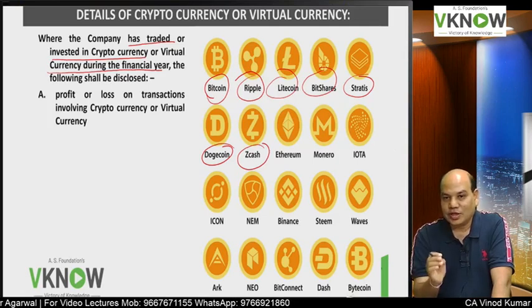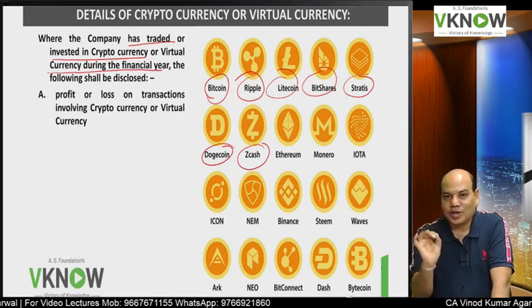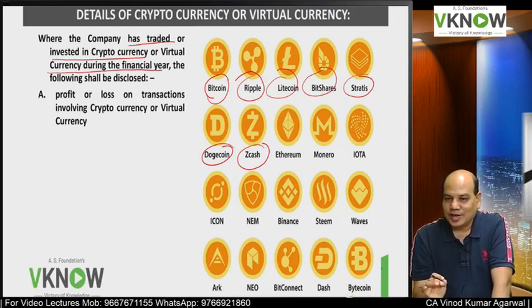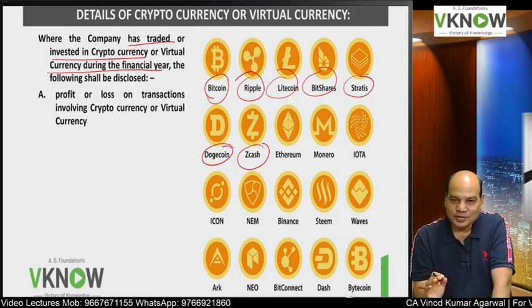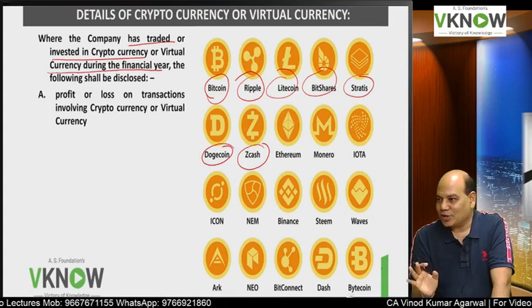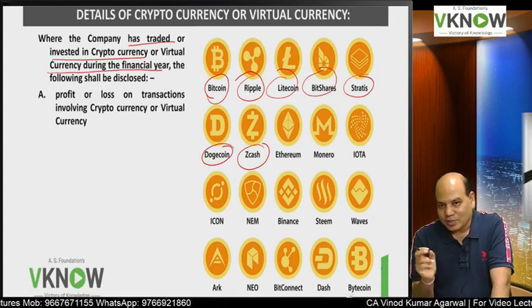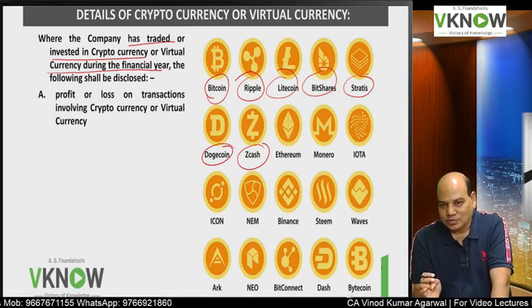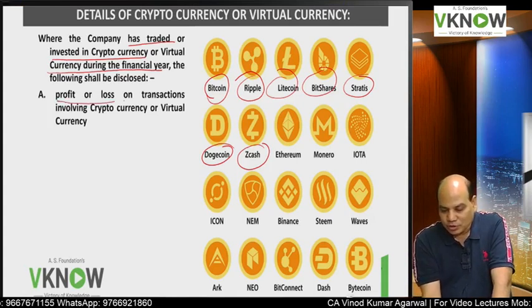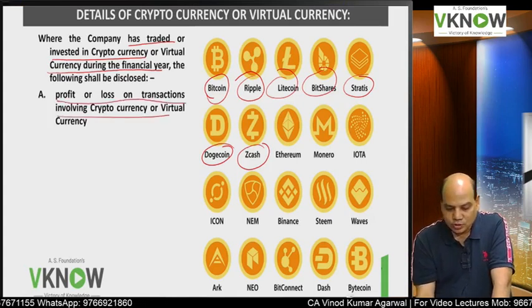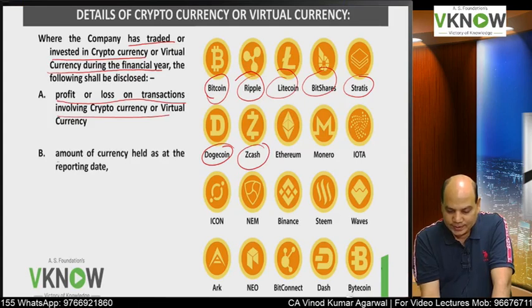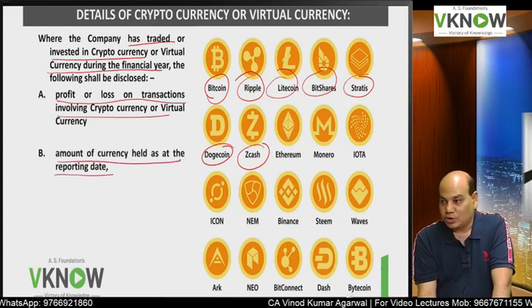Business is to sell steel, and P&L account contains profit from transaction in cryptocurrency. So then the investor will ask you the question, is that the purpose for which the company was formed? So profit or loss on transaction involving crypto and virtual currency, an amount of currency held on the reporting date.